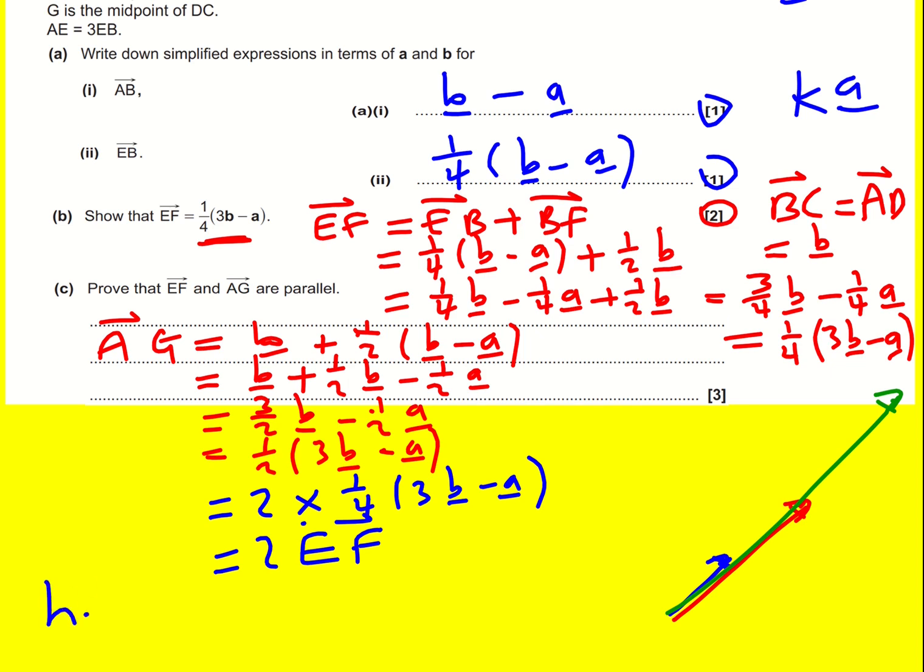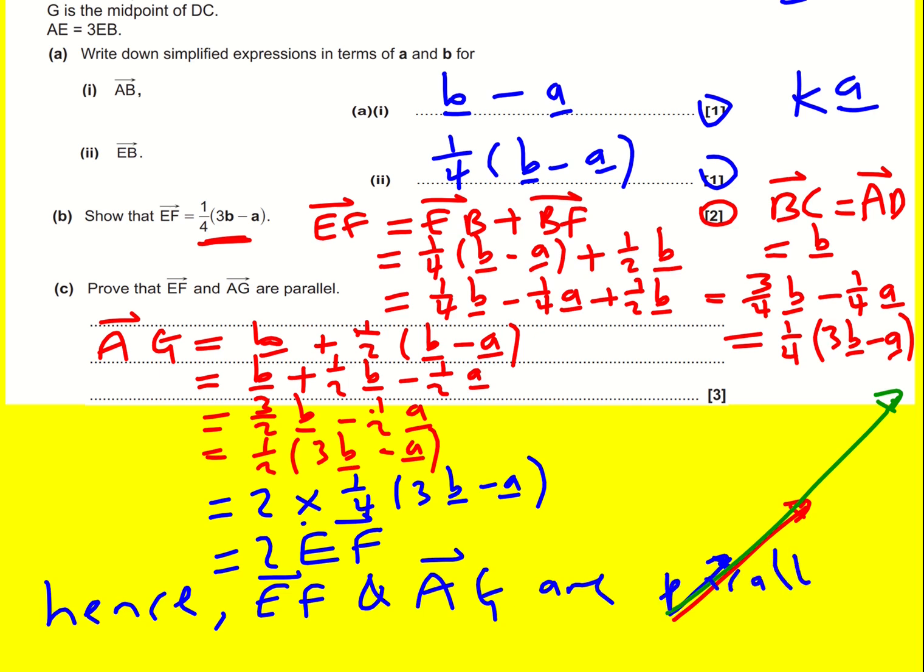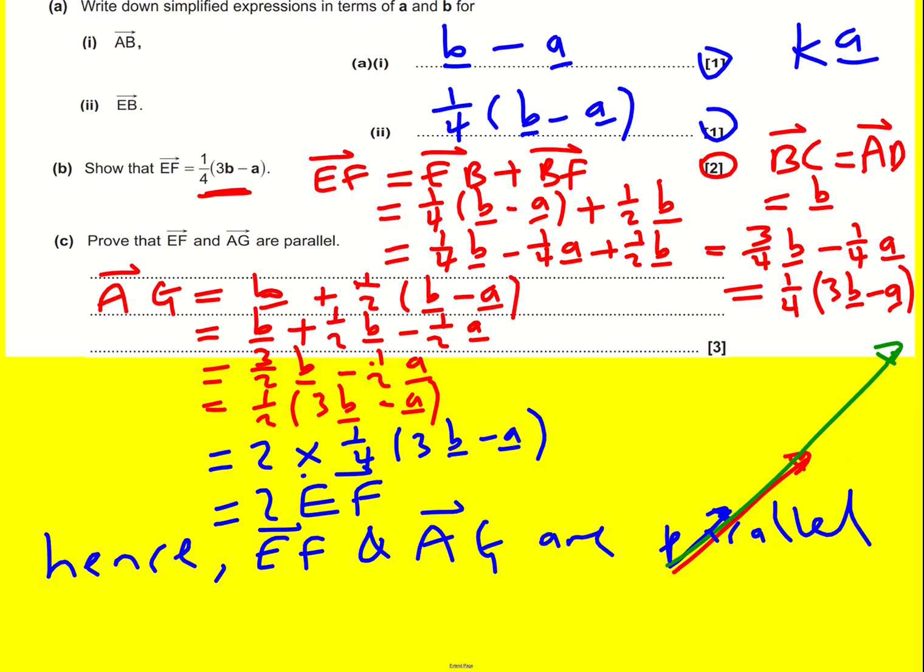And that's enough. Hence, you don't need to write any more. Hence, EF and AG are parallel, because I've shown one is a multiple of the other.